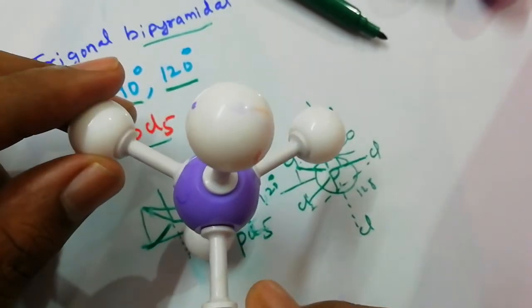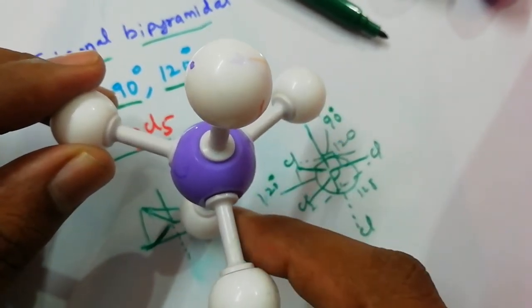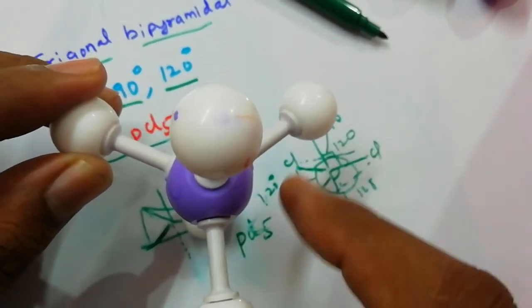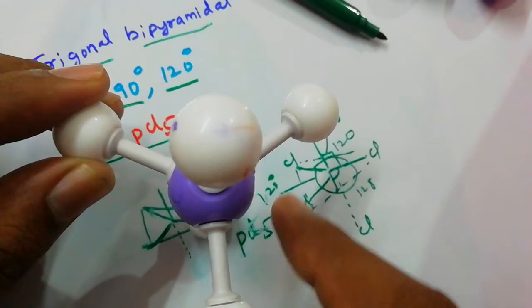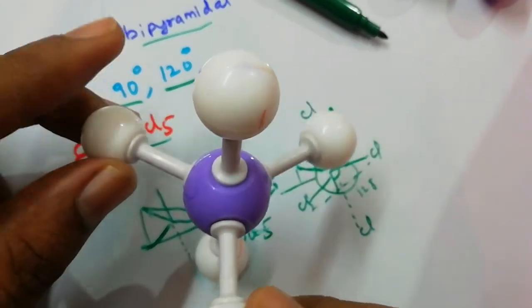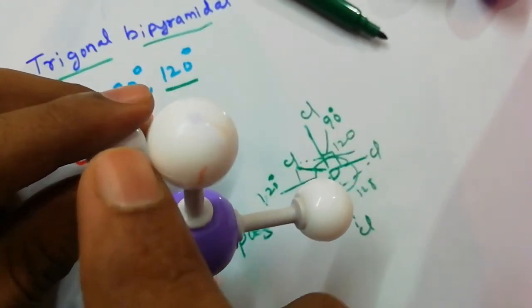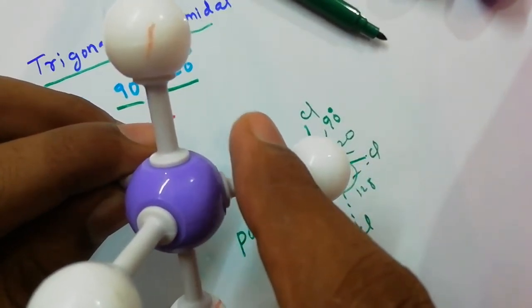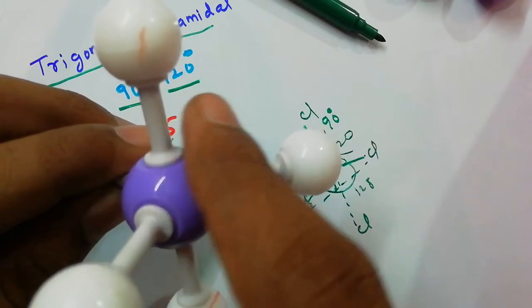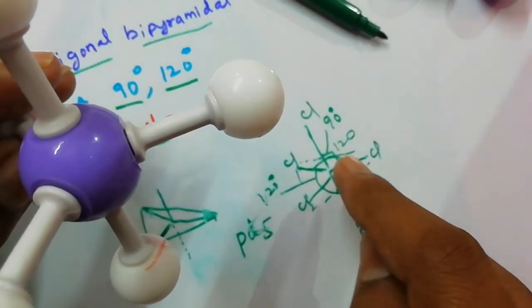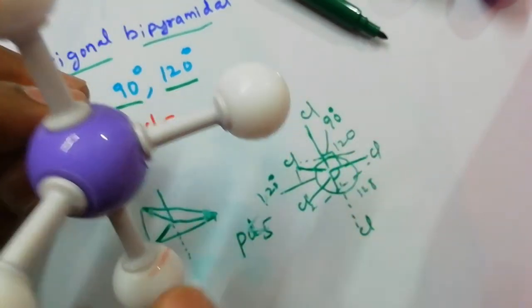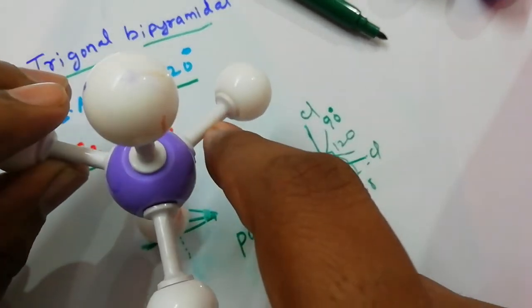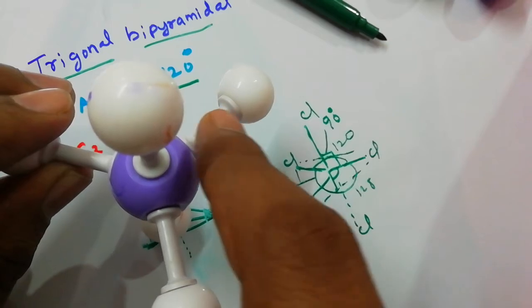So what I want to say is the bond angle between the bonds present in the plane is 120 degrees, whereas the angle between the top chlorine bond and a bond in the plane is 90 degrees. It is a right angle, just as I have shown here. Similarly here to here also 90 degrees, but in the plane the bond angle is 120 degrees.